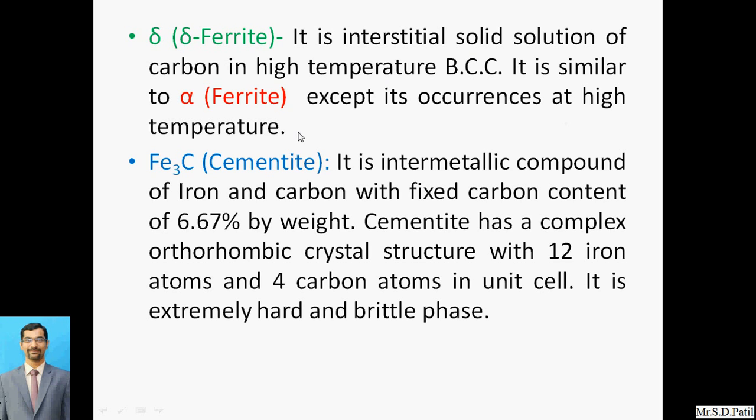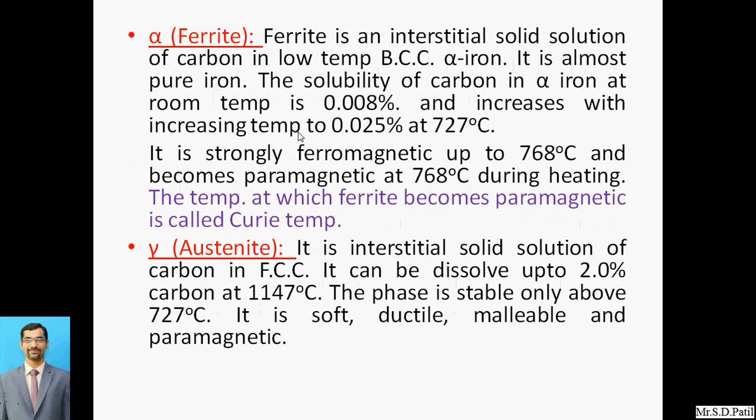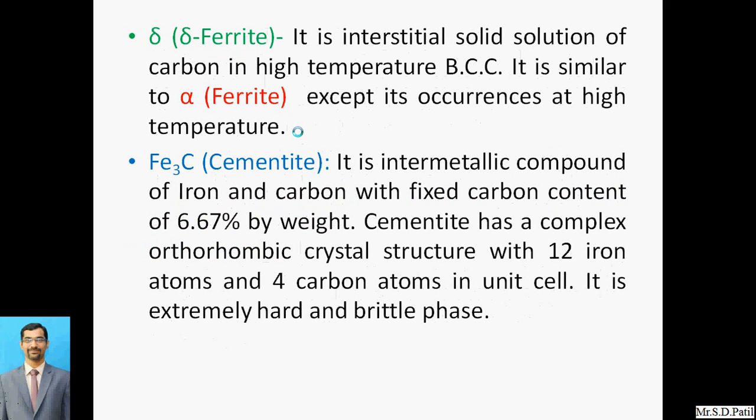So basically alpha ferrite and delta ferrite have a similar BCC structure, and only the austenite has a different structure, that is FCC.